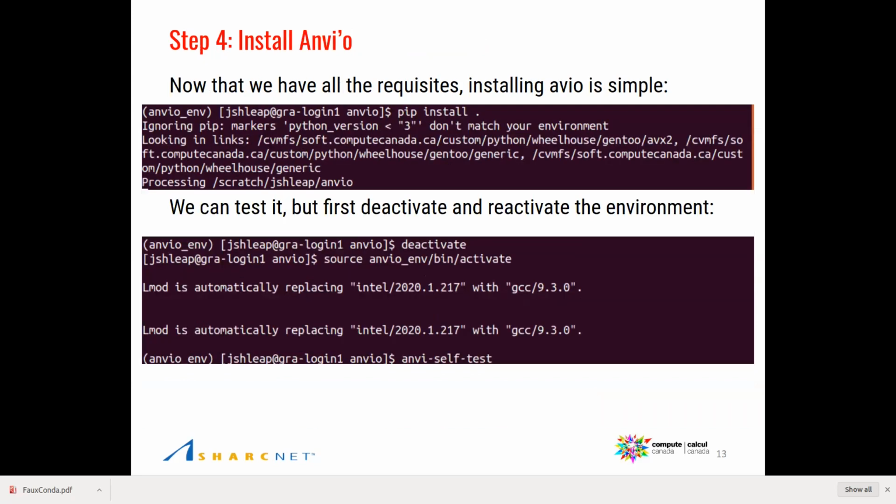Now, the last step in this case of Annovio is that Annovio requires to be installed itself. So far we only installed dependencies, so now we can check the virtual environment to install the actual pipeline. So you can go to the Annovio folder, wherever you downloaded the GitHub of Annovio, and then you can just do pip install dot.